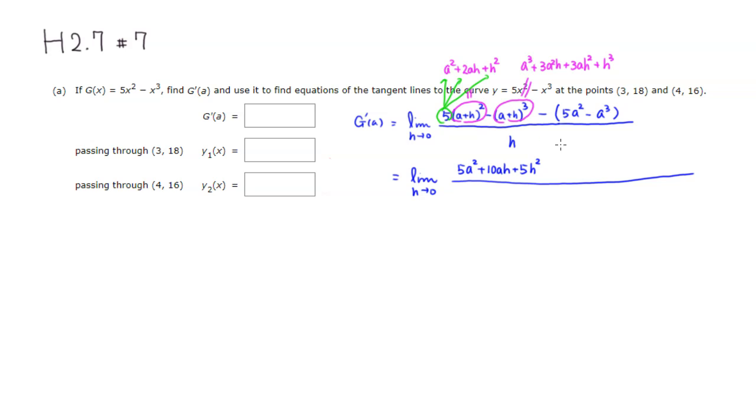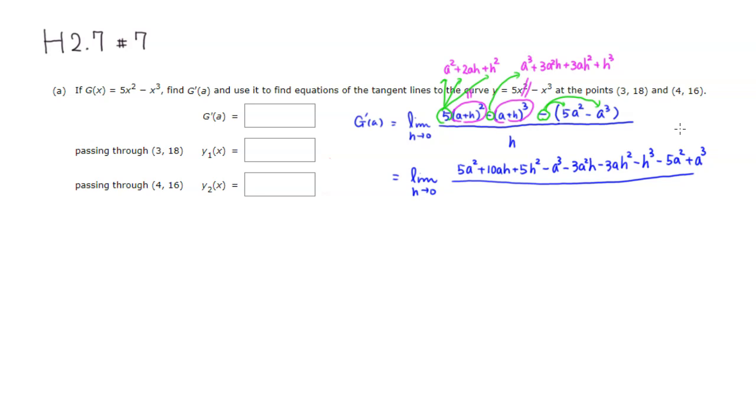If you distribute this negative sign to everyone there, we're going to have minus a cubed minus 3a squared h minus 3ah squared minus h cubed. Then we distribute this negative sign to both of these terms: minus 5a squared plus a cubed.